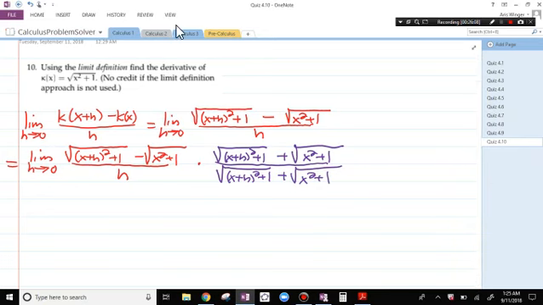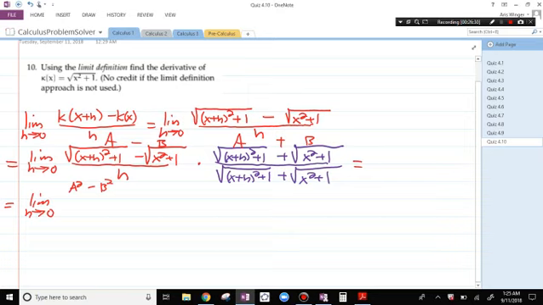And so then this is going to be equal to the limit as h tends to 0 of, and when you multiply, this is a minus b times a plus b, and that is supposed to be a squared minus b squared, right?